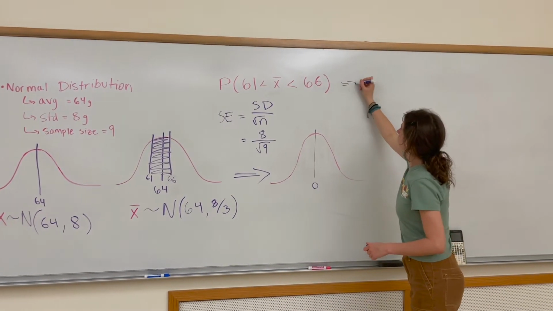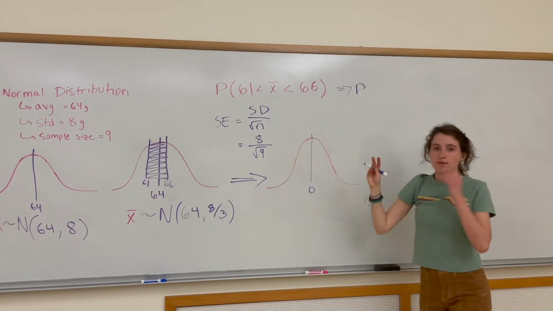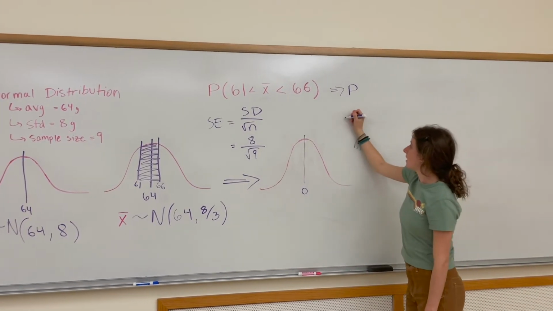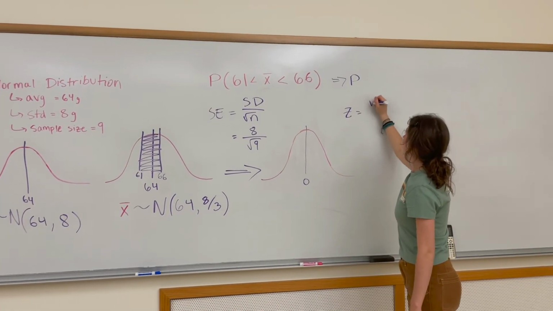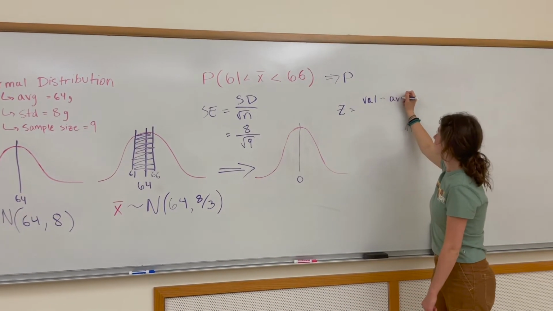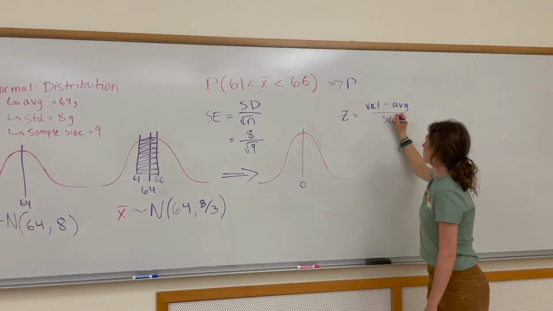So we're going to have a different range for our probability, and our formula for finding the z-score of any value on a normal curve is the value minus the average over the standard error.